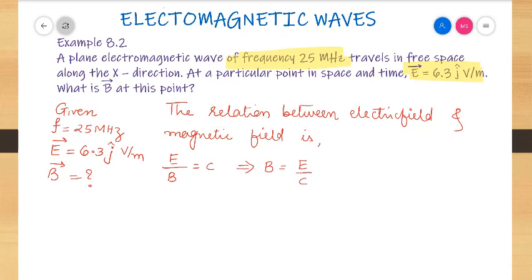So therefore you can say that B is equal to E, 6.3, over c, speed of light, which is 3 into 10 raised to 8 meter per second.